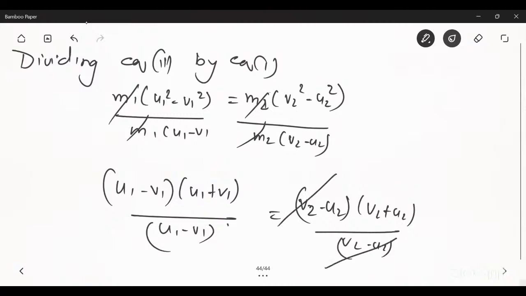That term cancels, so u1 plus v1 equals u2 plus v2. Okay, so u1 minus u2 equals v2 minus v1.